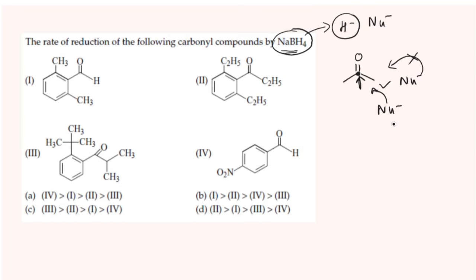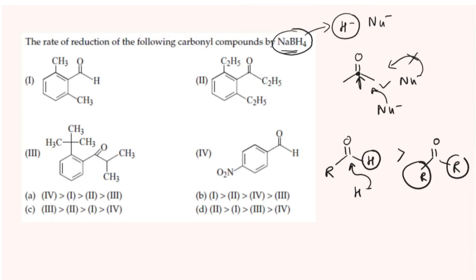So between aldehydes and ketones, we know that aldehydes are more reactive than ketones towards the sodium borohydride as they are electron deficient due to the presence of hydrogen, and also there is less steric hindrance. So the hydride will attack easier. Therefore, what happens? Its reactivity will increase.